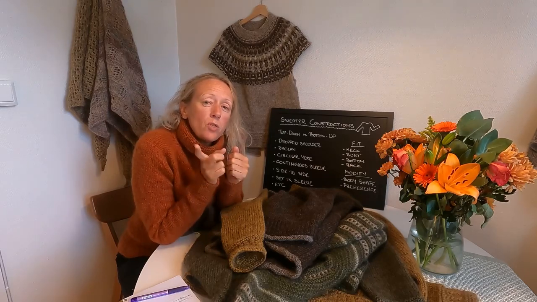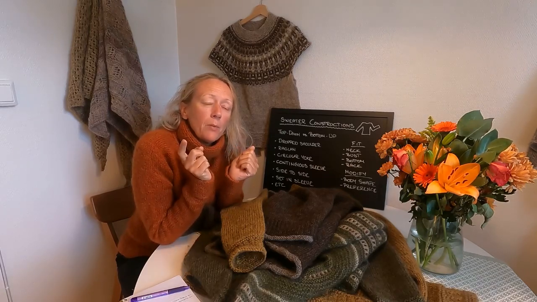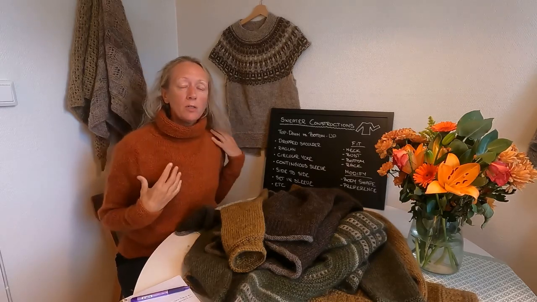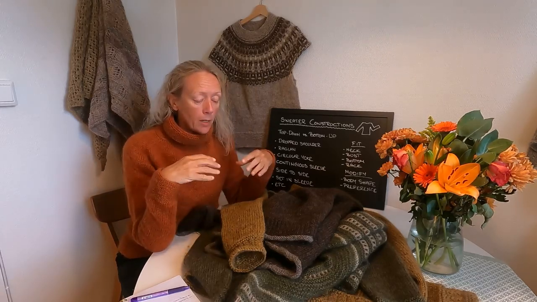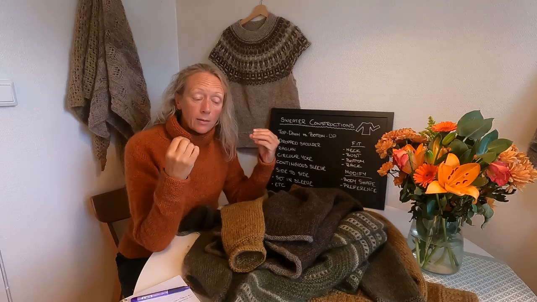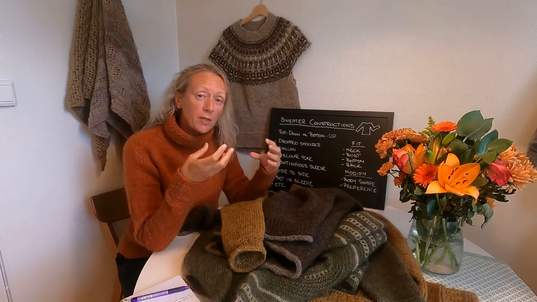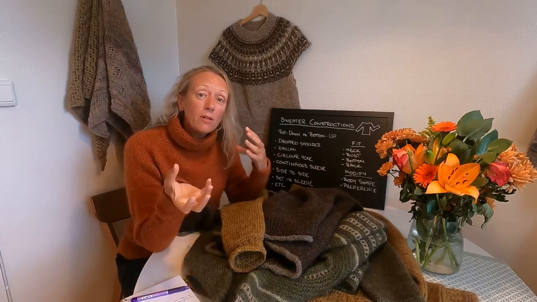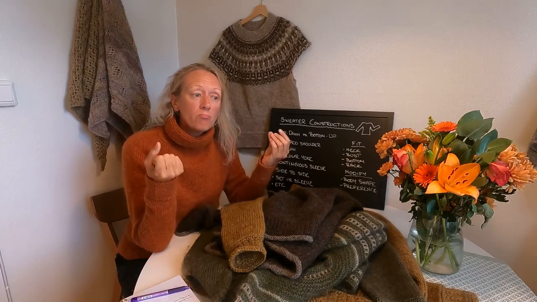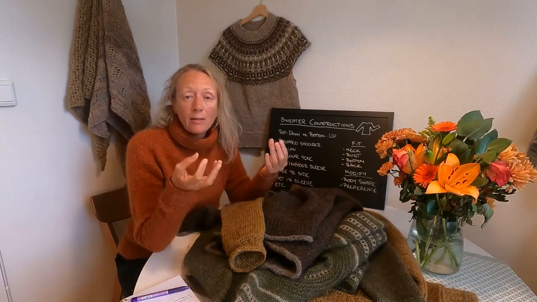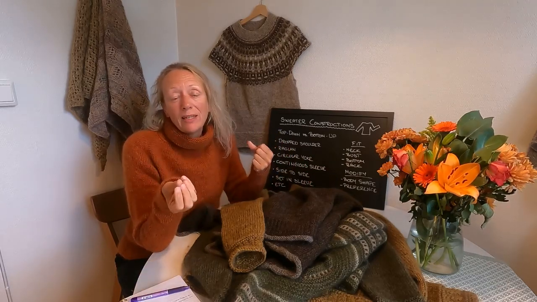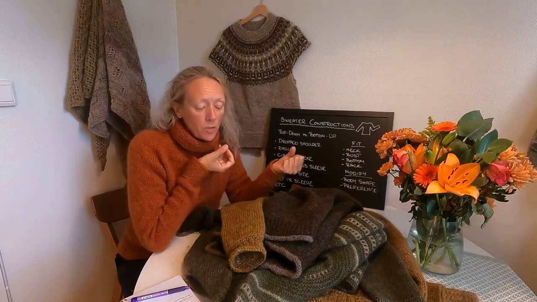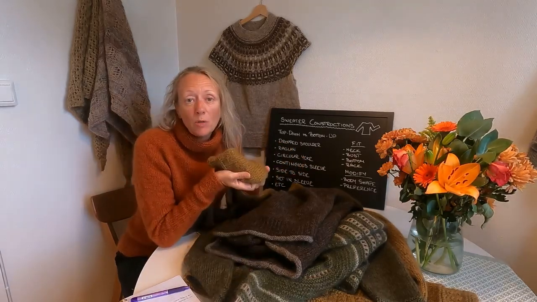I want you also to remember that when you think about the construction and how the fit will look in the end, you also have to think about the fabric and how the fabric behaves. Because cotton, linen or silk behave differently compared to, for example, unspun wool.